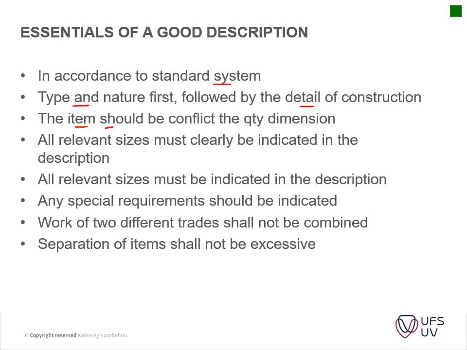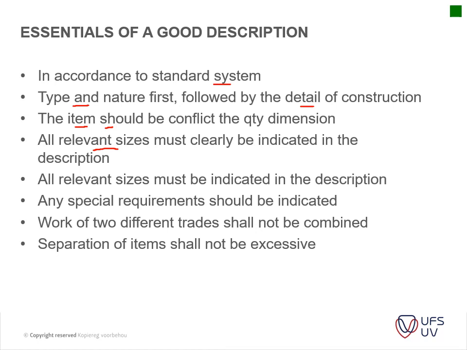All relevant sizes must be clearly indicated in the descriptions. Okay, that I've discussed already. So for instance, back to the doors, if you described the door and you've given the length and the breadth, then you can measure it in quantity because the contractor has the length and the breadth.